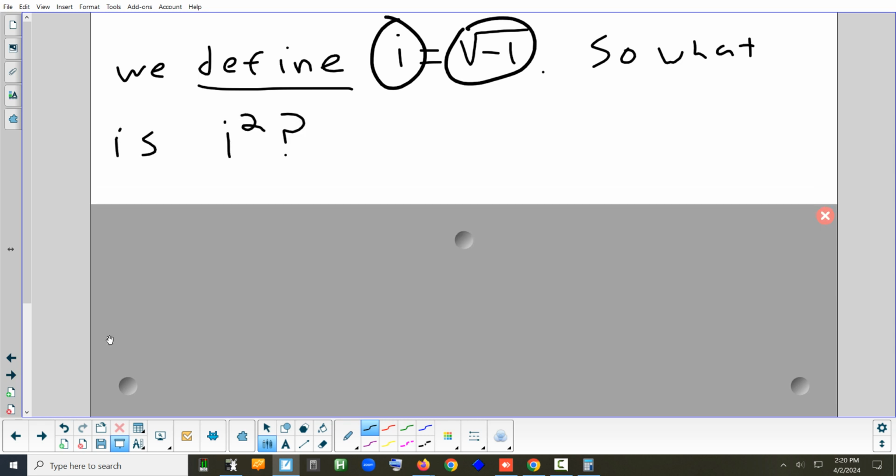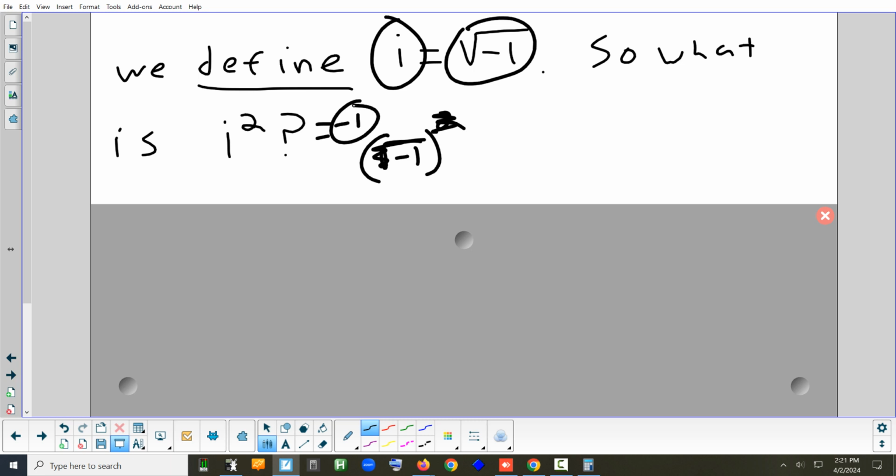Now, this we can show why this is true. i squared. If we take i and raise it to the second power, what did we just say up above i is? The square root of negative 1. And now raise that to the second power. Negative 1. When you square and square root, those two things cancel.